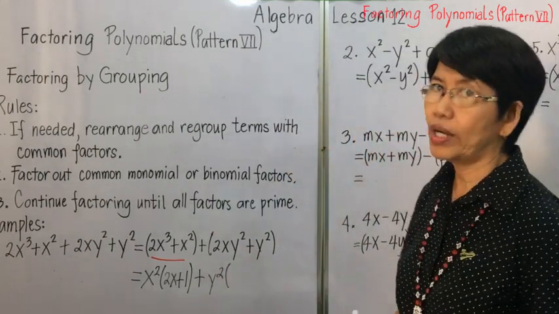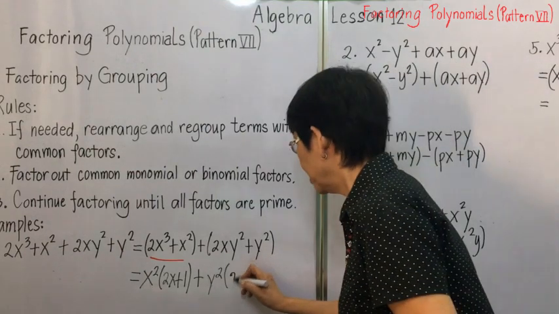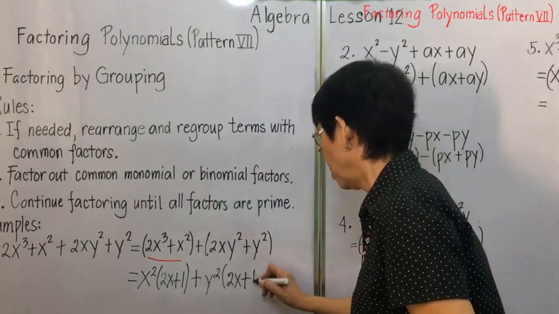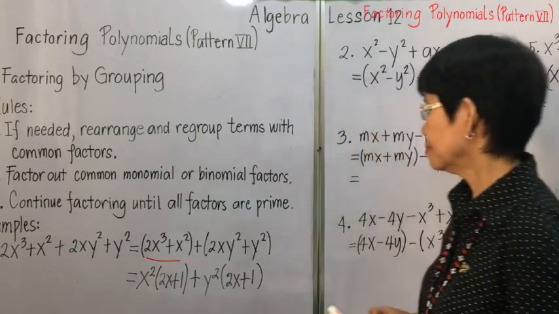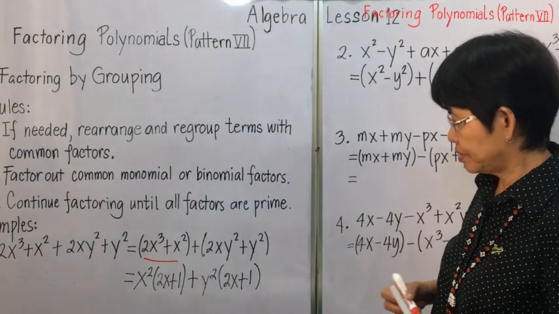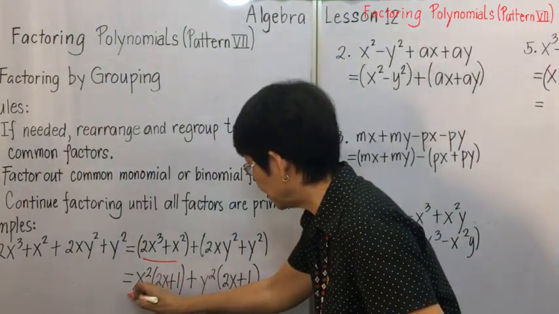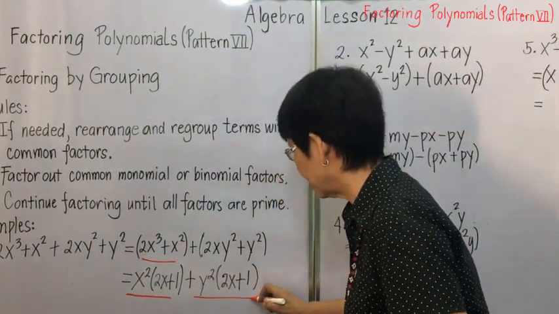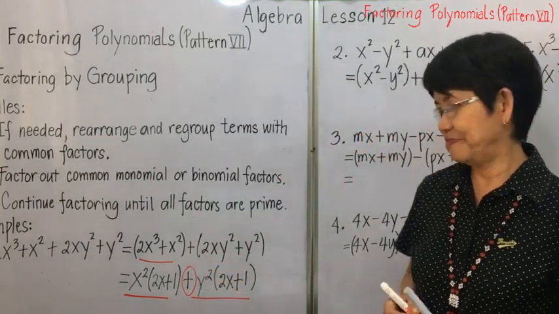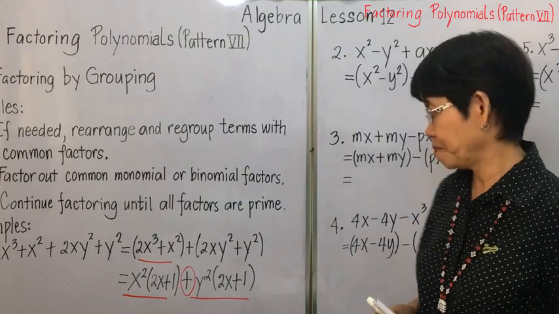So factor out y squared and you have 2x plus 1. And then if you look at the two terms, this is the first term and this is the second term. It is separated by a positive sign or an addition sign.